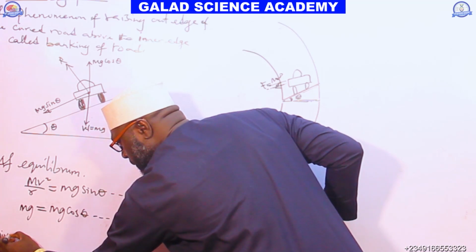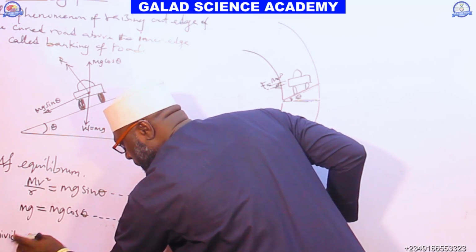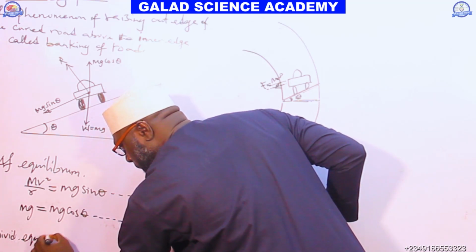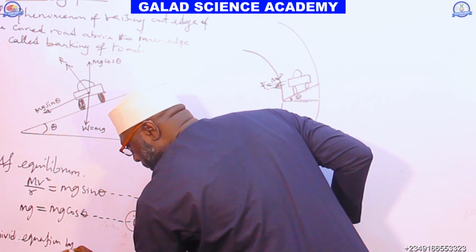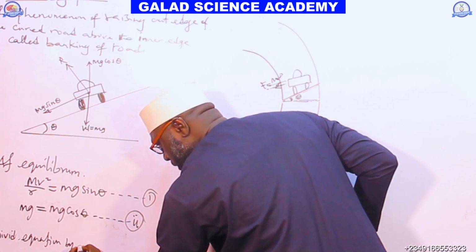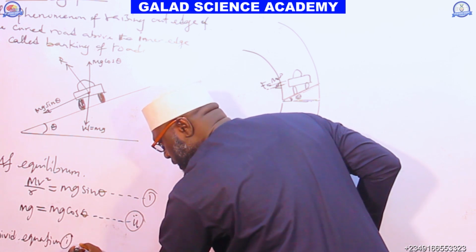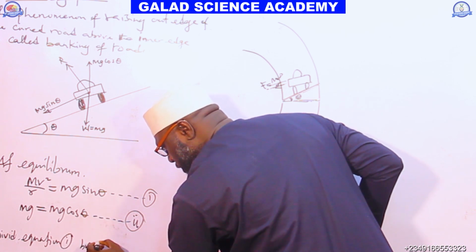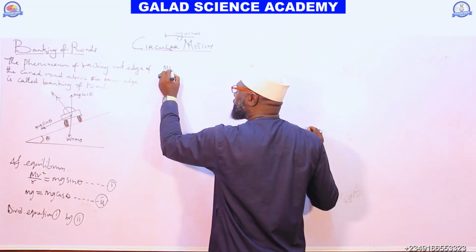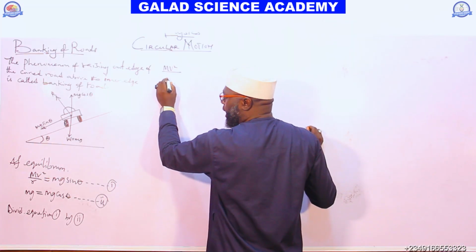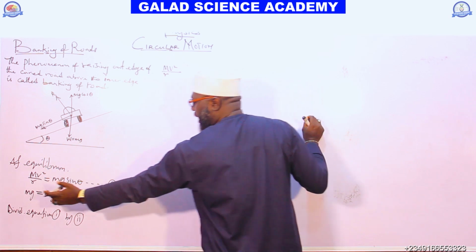Divide equation 1 by equation 2. mv square over R, divide this by this.